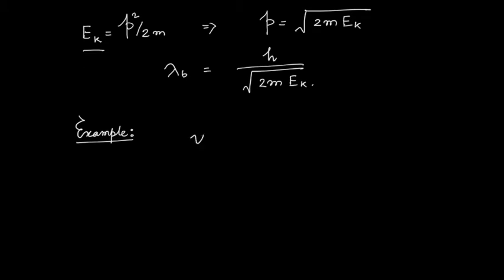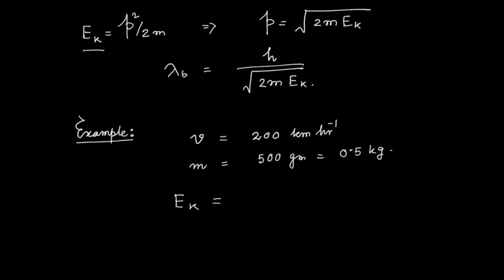So say Shoaib Akhtar is bowling towards, say, Sachin Tendulkar, and the velocity of his ball is 160 miles per hour, say 200 kilometers per hour. Shoaib Akhtar never bowled so fast, but let's assume this is the number. And the mass of a cricket ball is around 500 gram, which is 0.5 kg.